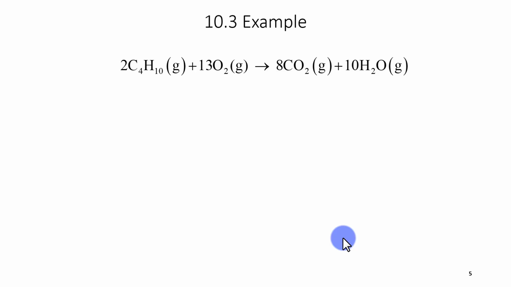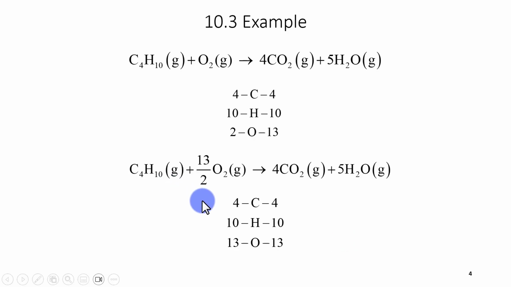The only thing that we need to change, however, is that in balancing chemical reactions, we do not like to write fractions. How do I get rid of this fraction? Well, I get rid of this fraction if I multiply by 2. If I multiply this coefficient by 2, though, I have to multiply all the coefficients by 2.